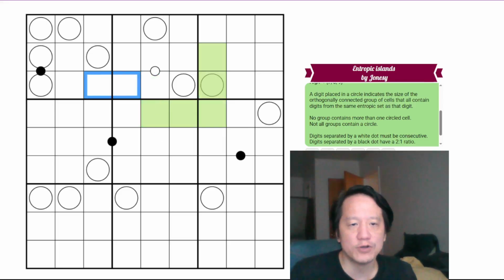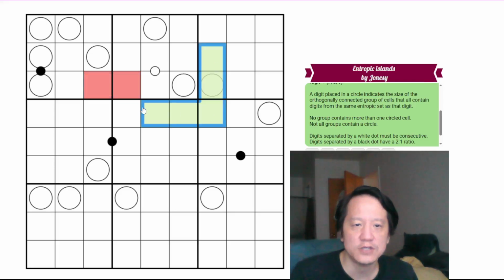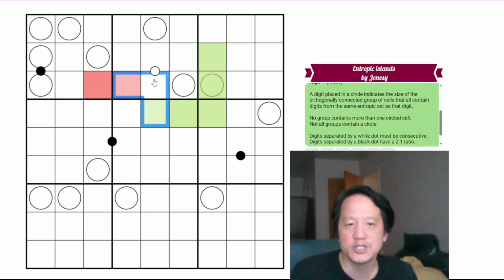This, however, would not be an orthogonally connected group because these two cells, while they can get to each other by going through edges while staying within the region, can't get to the other cells in the group just by going through edges. They have to go through a corner, or they can go through an edge, but they have to exit the grouping, which is not allowed for orthogonally connected groups of cells.